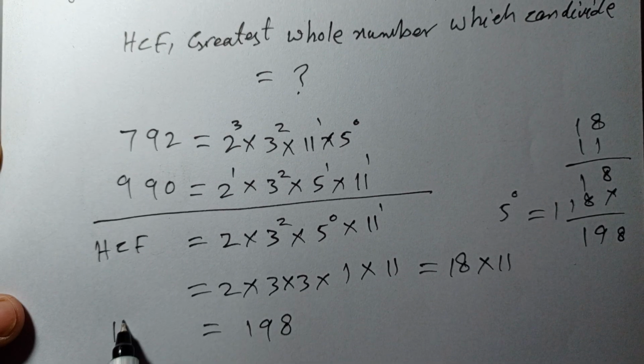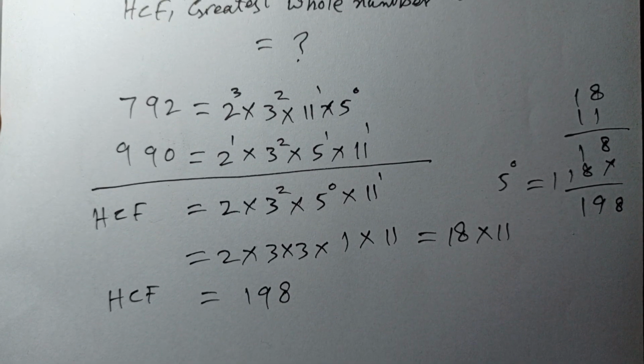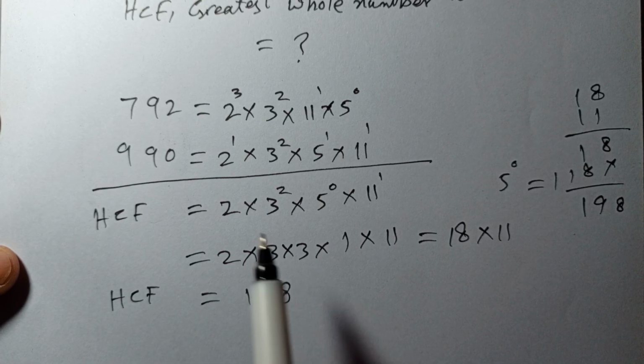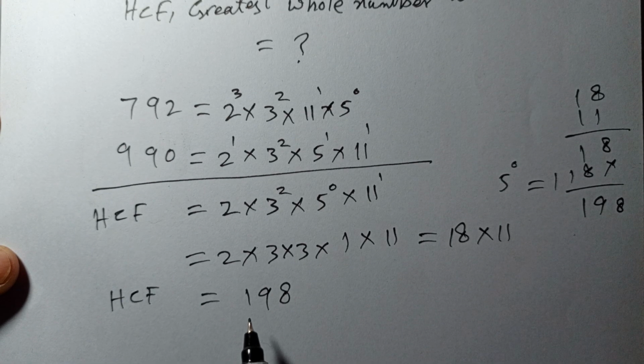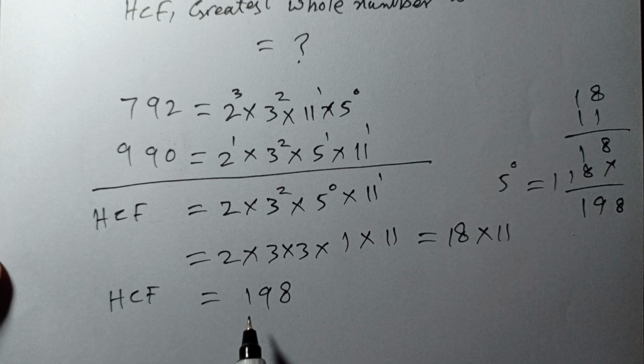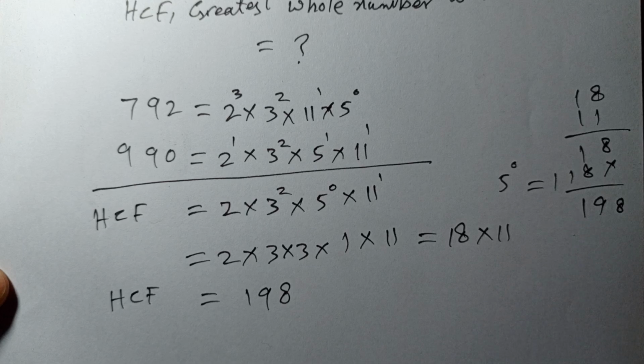That is the HCF. Dear student, you can check it. 792 should be divided by 198, and the number 990 should be divided by 198. Both of these numbers will be exactly divisible by 198 and the remainder will be 0.